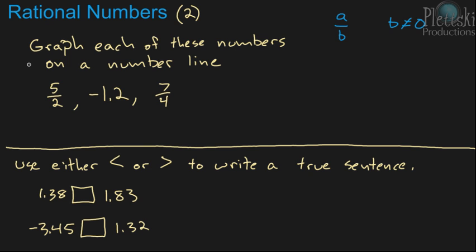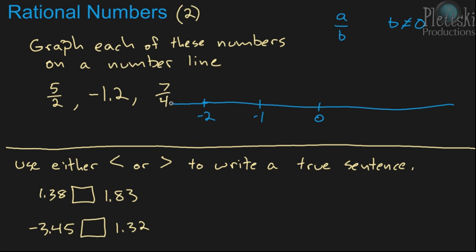So let's take a look at this. Graph each of these numbers on a number line. We have 5 over 2, negative 1.2, and 7 over 4. Now we want to graph on a number line, so let's draw a number line. And here's 0. Let's say we have negative 1 and negative 2.